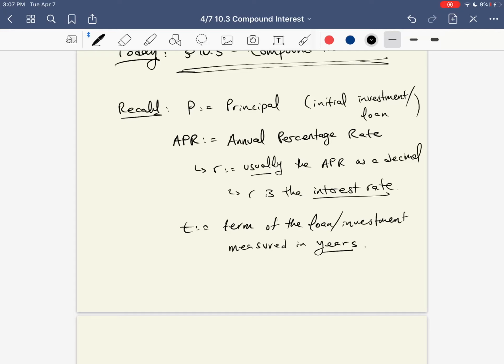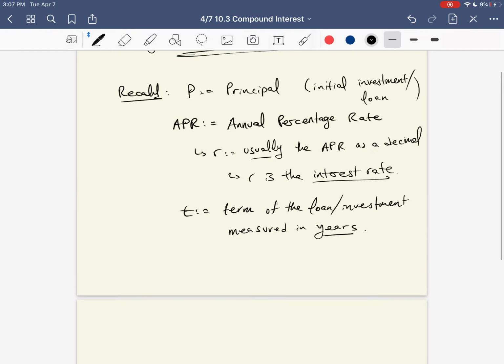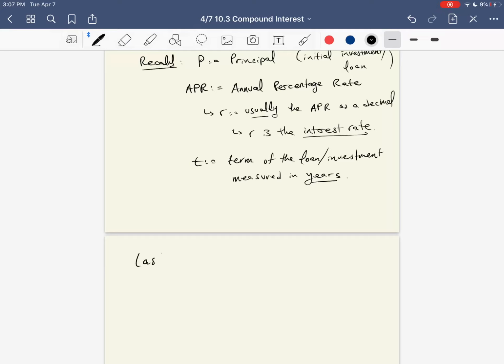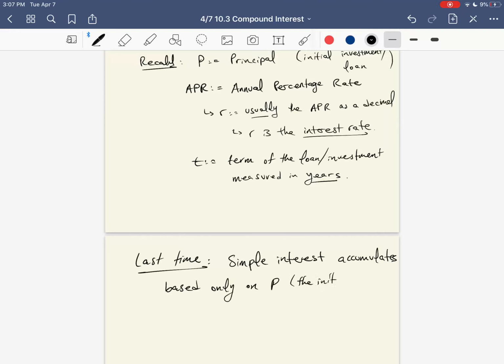And so with just this information, we did all of the stuff about simple interest. So last time, we had simple interest. And the idea of simple interest was that it accumulates based only on the principal, the initial investment.